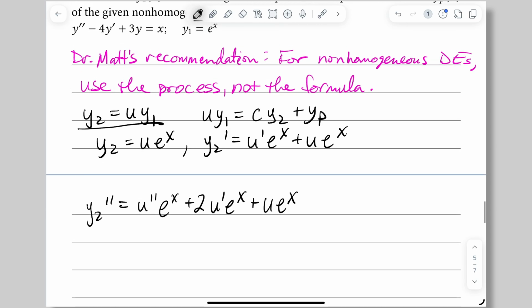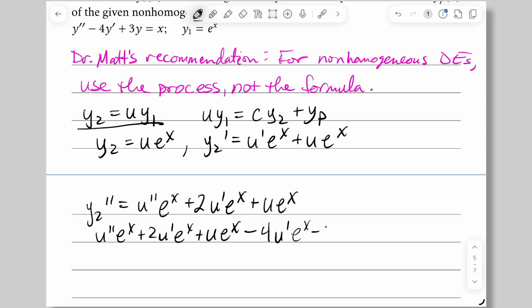Now, substituting that into the differential equation that we have is going to give us u double prime e to the x plus 2u prime e to the x plus u e to the x. Are you tired of hearing e to the x yet? Minus 4y prime. So minus, don't forget to distribute that negative 4, 4u prime e to the x minus 4u e to the x.